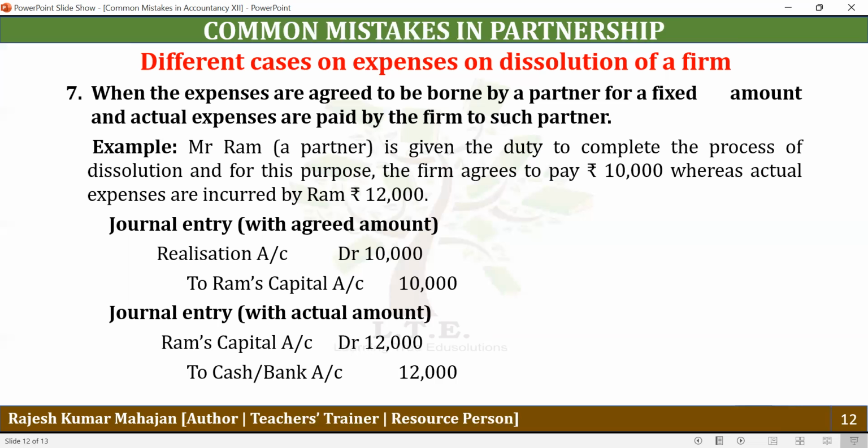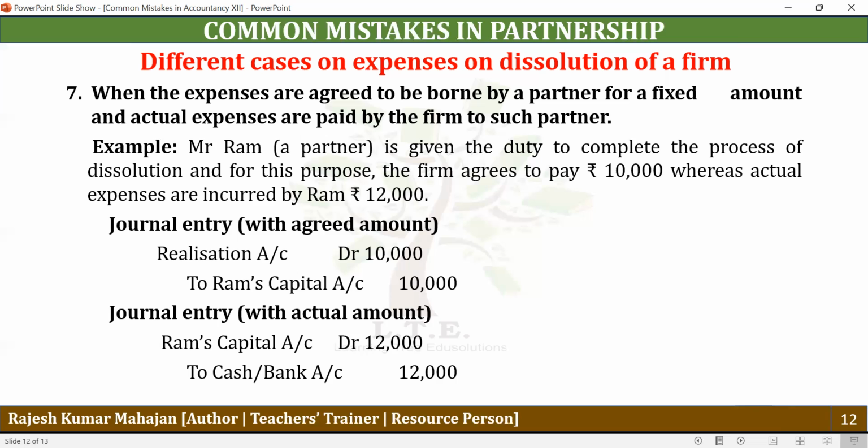So this way, he will not be waiting for this 12,000 to get automatically paid when the capital account is paid. By that time, it might happen that cash may not be available after paying the outside liabilities.